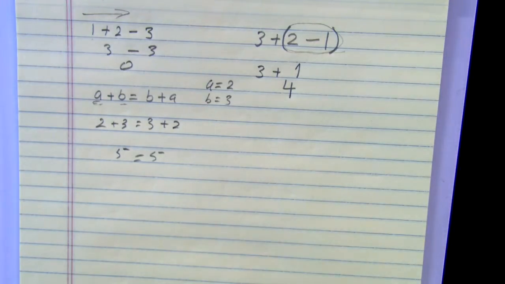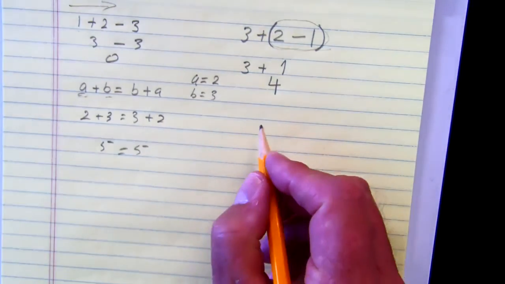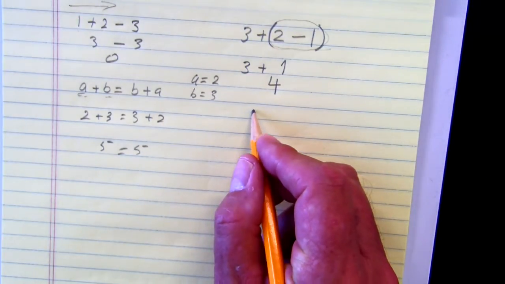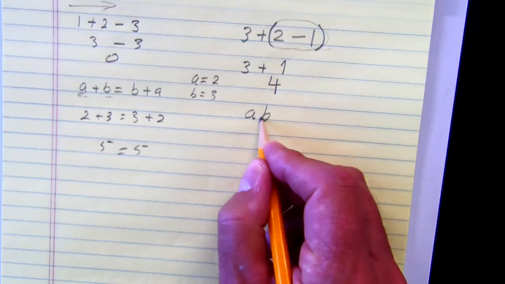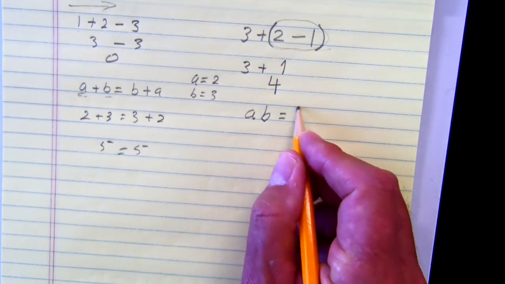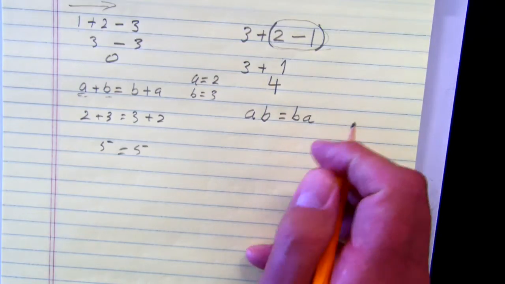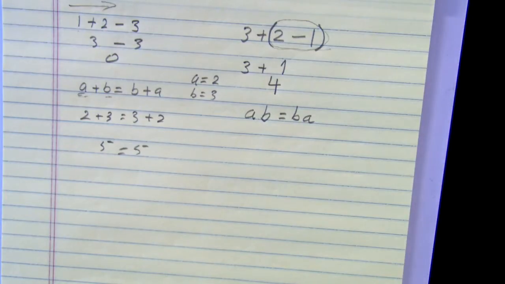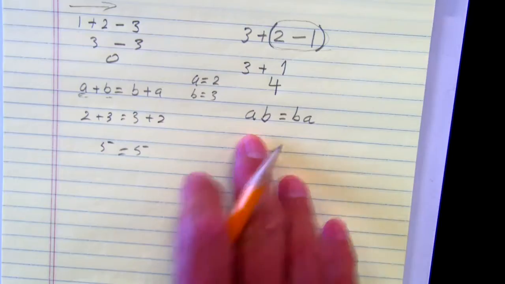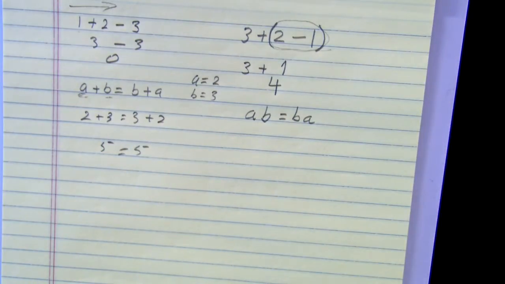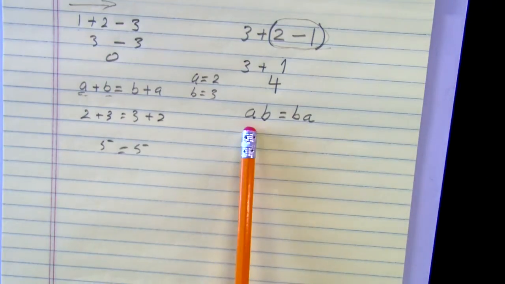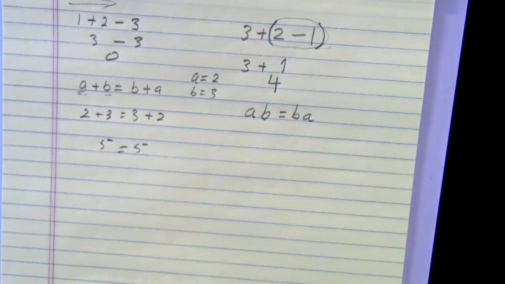All right? Now, let's look at multiplication. A times B is the same as B times A. A quick note about notation. When we're just using the letters, the variables, they vary, they could be anything. We don't have to put anything in the middle when it's multiplication.